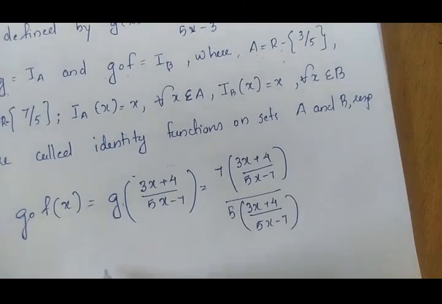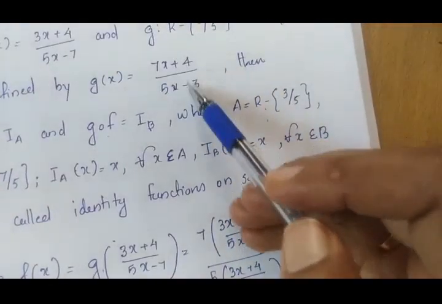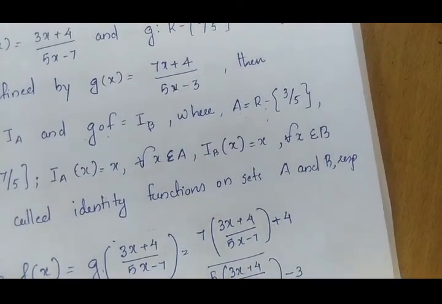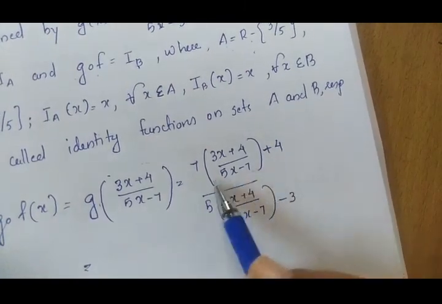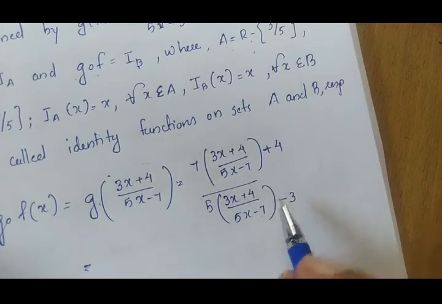Then simplification: here plus 4 and here plus 4 and minus 3. You have to simplify it by finding the LCM. Here the LCM is 5x minus 7 and here also 5x minus 7, so they get cancelled.